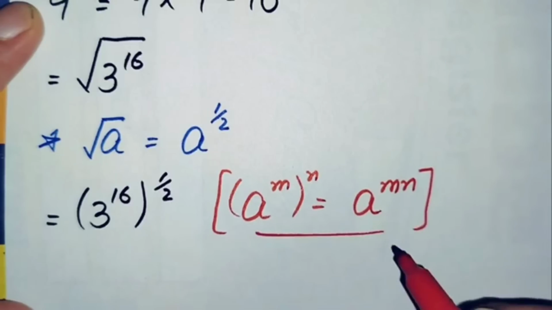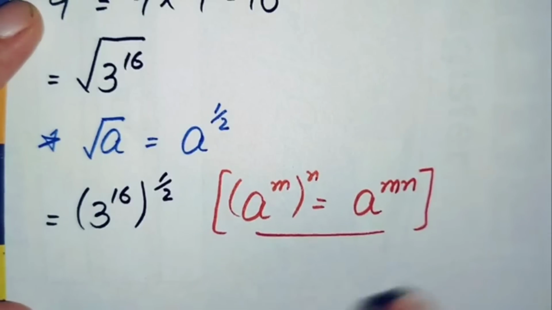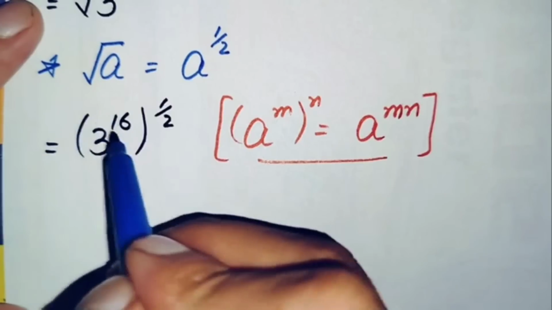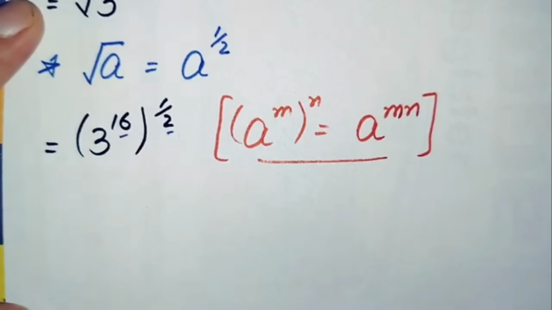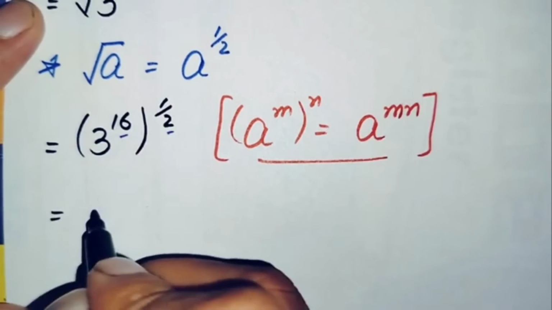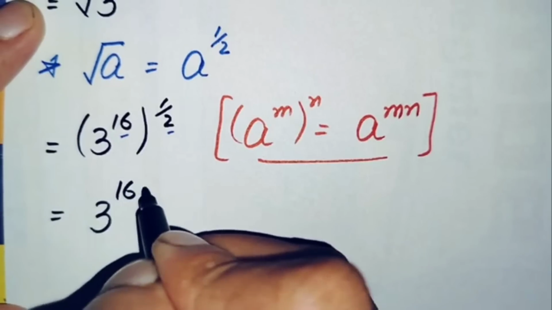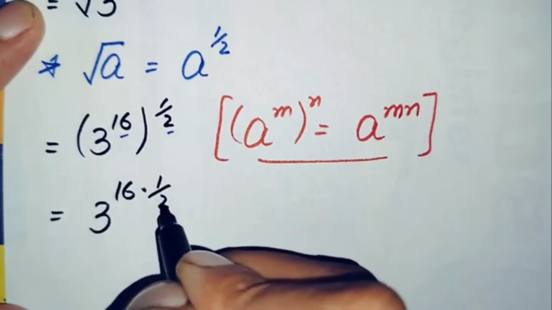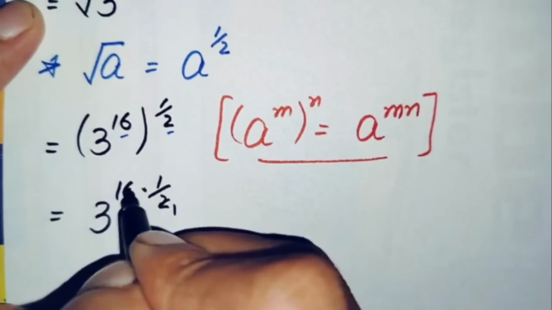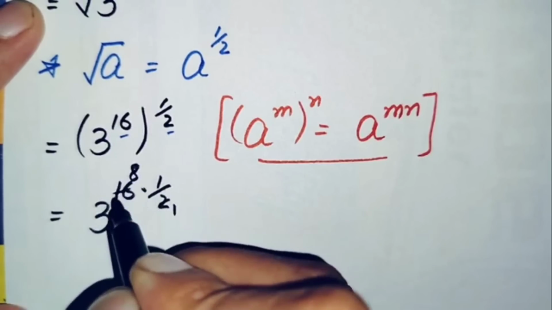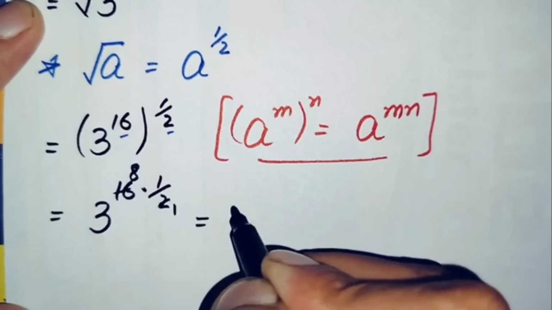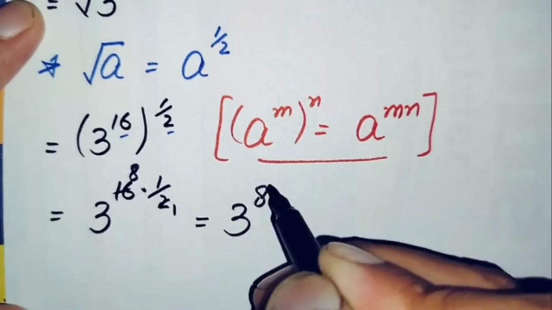So by using this exponential property, here we will multiply these two numbers 16 with 1 over 2. So this will become 3 raised to power 16 times 1 over 2. Here we will simplify these two numbers. 2 times 8 is 16. So this will become 3 raised to power 8.